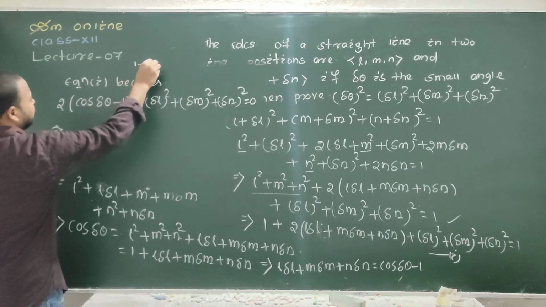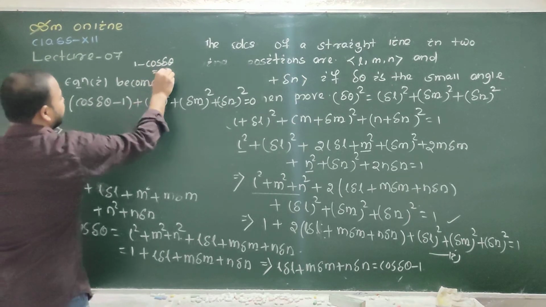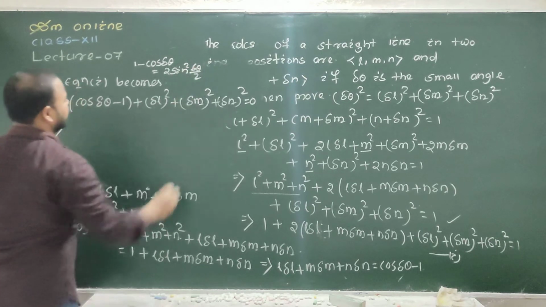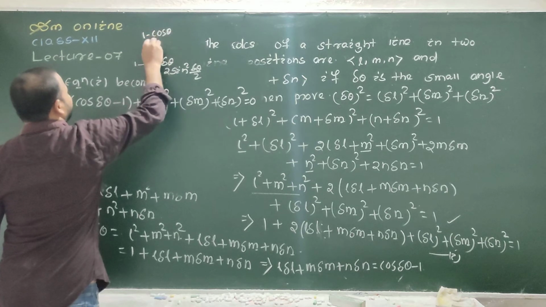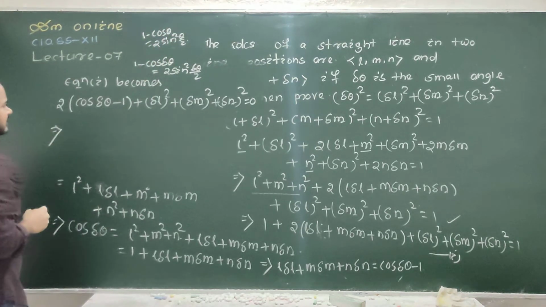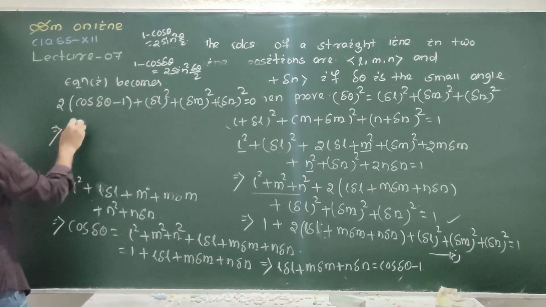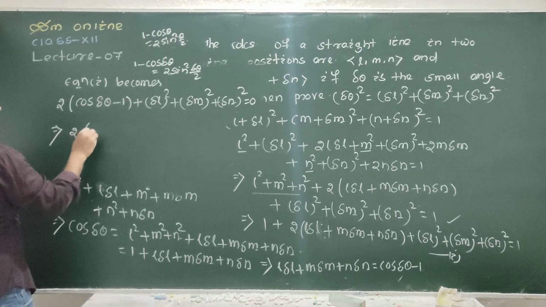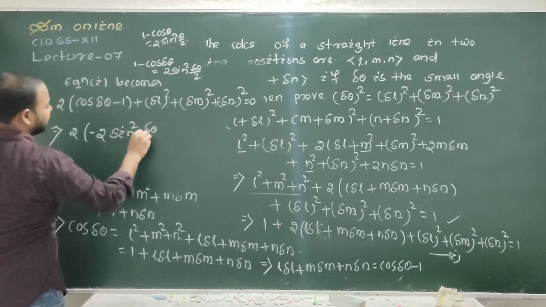We know that 1 minus cos del theta equal to 2 sin square del theta upon 2. It is the formula. Okay, we know that 1 minus cos theta equal to 2 sin square theta by 2. So here, this is 2 sin square del theta by 2. So here we write that this is cos del theta minus 1. So this is 2 into minus 2 sin square del theta by 2.